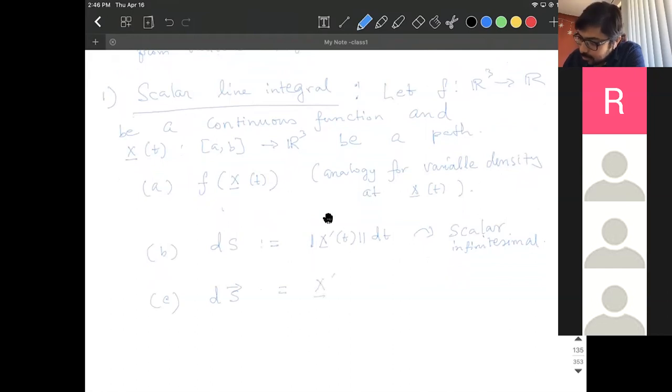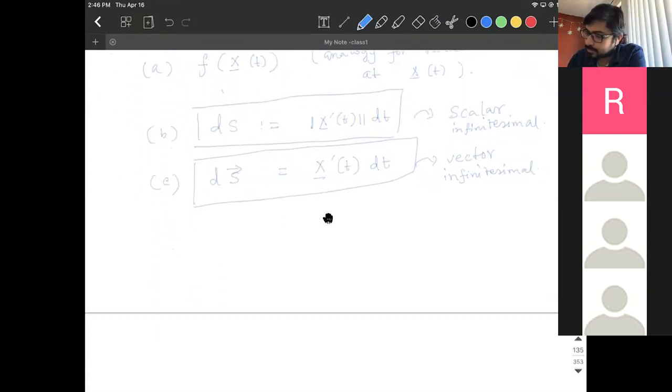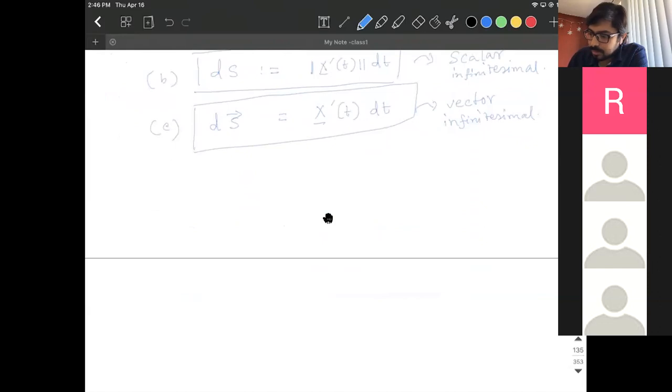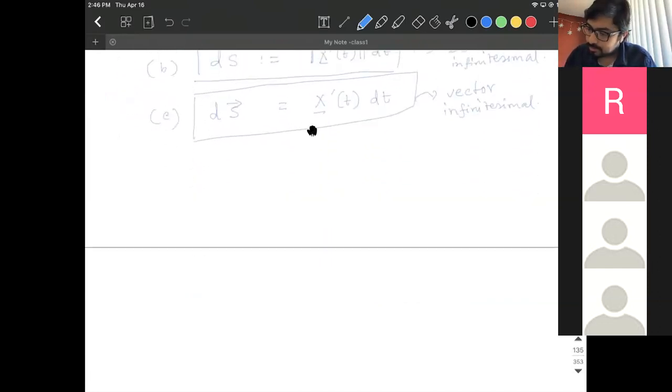This is just the vector x prime of t dt. So this is the vector infinitesimal. This one we are going to use right now to define the scalar line integral, and this one is used for the vector line integrals. We will see how. So these observations, and then we have the definition.